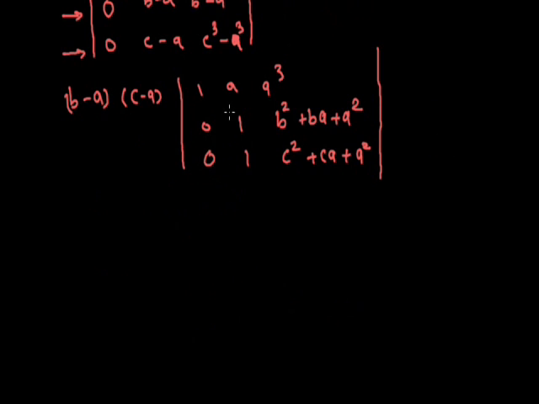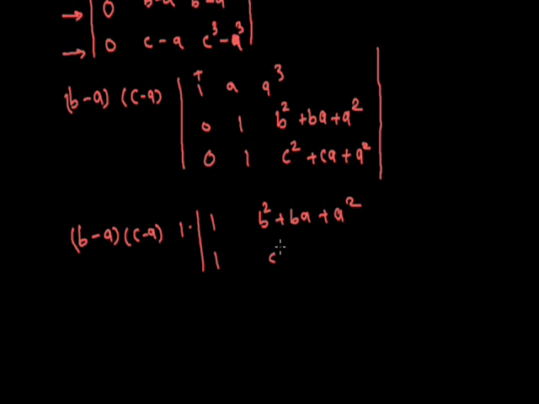Now expand the determinant along this row. So B minus A, C minus A is multiplied with the determinant 1, B square plus BA plus A square; 1, C square plus CA plus A square.